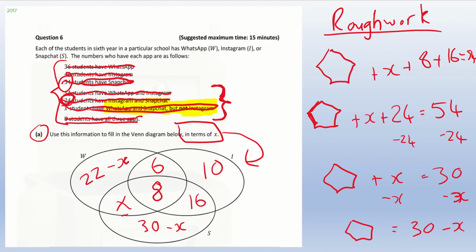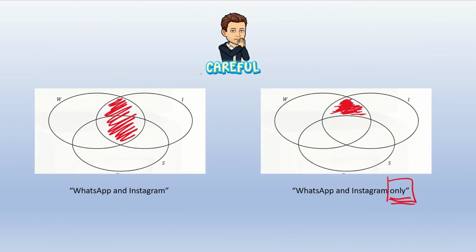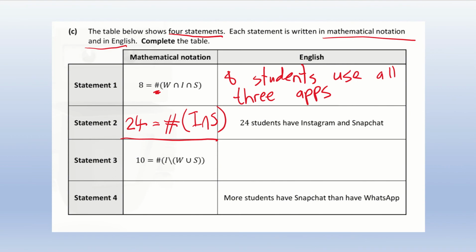And 24 people, the second statement, have Instagram and Snapchat. Well, you might say there's no 24 there, but if you add your 8 and 16, yes, there is. So this can really help us out. Your A part can really help you out with your C part as well.